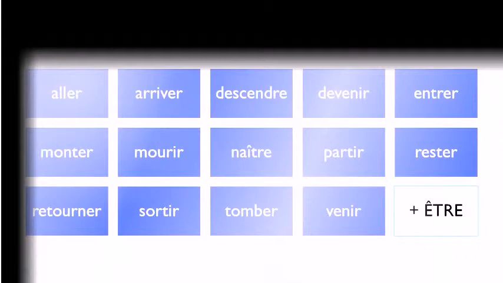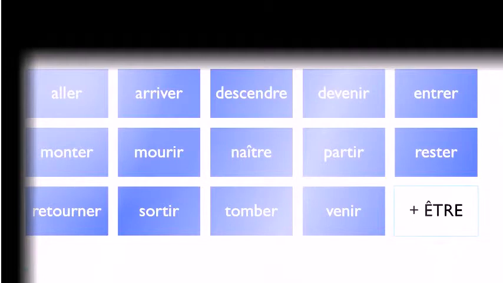And the good news is that we've got other composed tenses in French, and this list will always be the same. So it means that this list of verbs that will require être will be the same for all these composed tenses.